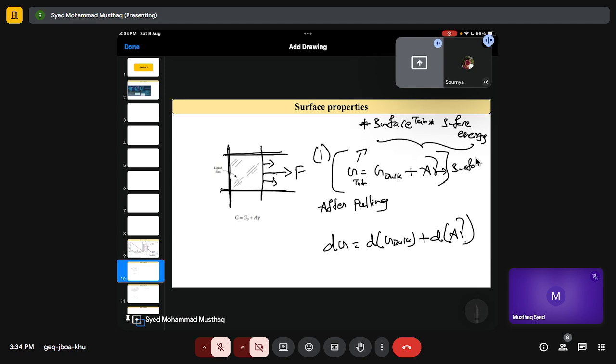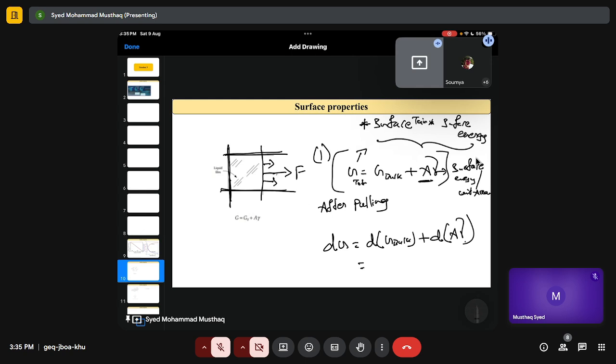Please remember this notation because many of us get confused. Surface energy per unit area times the area will give you the total surface energy. Now, the bulk energy remains constant. There is only stretching, so the bulk atoms will not break.